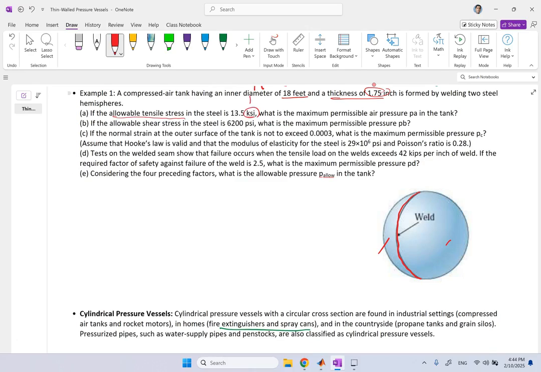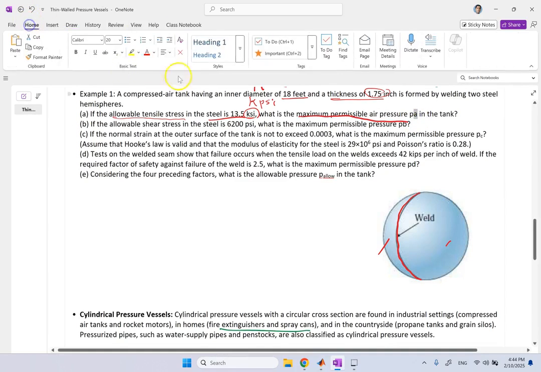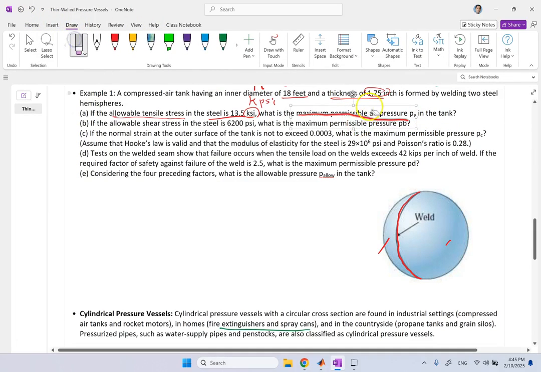And by the way, KSI means kilo PSI. So if it is this much, you want to know what is the maximum possible air pressure P_A in the tank. And here, this is a subscript. The same thing for this one, so this one should also be a subscript here.